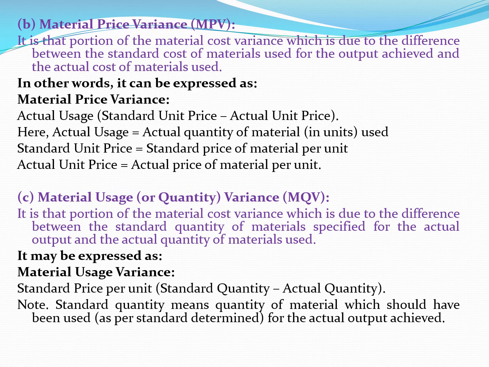It can be expressed like this: material usage variance equals standard price per unit multiplied by the difference between the standard quantity and the actual quantity. It is to be noted that standard quantity means quantity of materials which should have been used for the actual output achieved as per the standard determined.